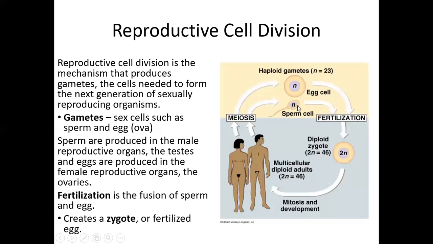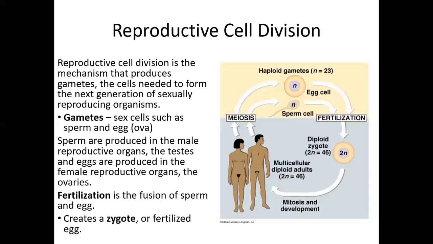Okay. When a sperm and an egg cell unite, that process is called fertilization. What takes place is the fusion of the sperm chromosomes and the egg chromosomes, which results in what we call a zygote, which is that single cell organism. We can call it an organism because it's a living cell that then undergoes mitosis, which we learned early in the semester.